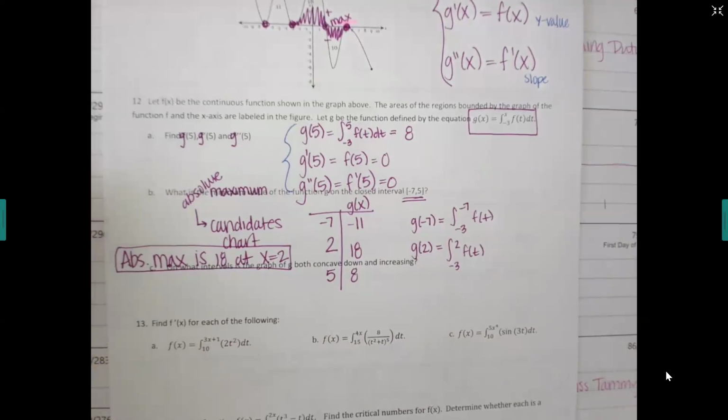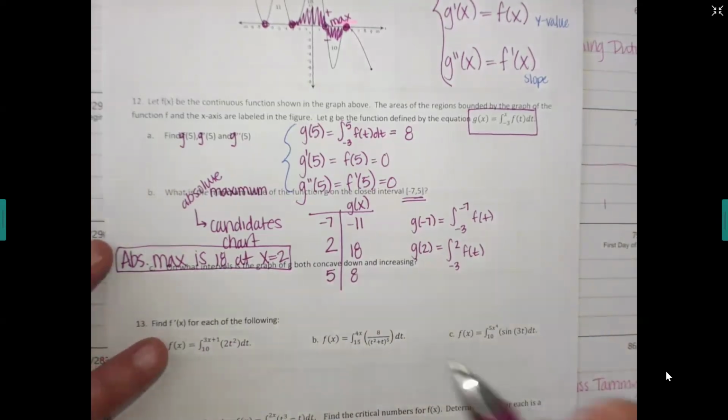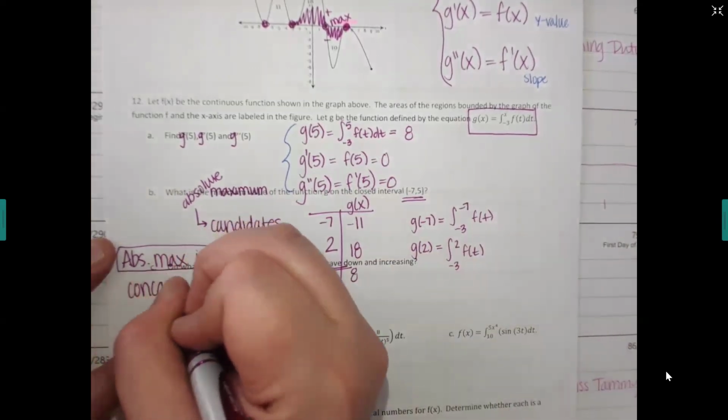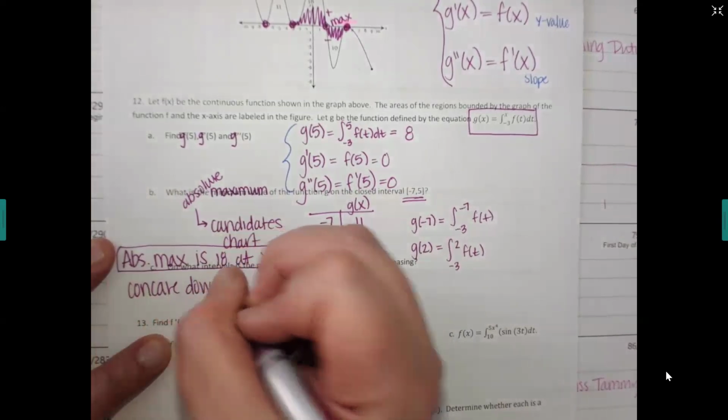All right, last question like that. It says, on what intervals is the graph of G concave down and increasing? What G, original G, G prime, or G double prime, deals with concavity? Okay, concave down is which one?